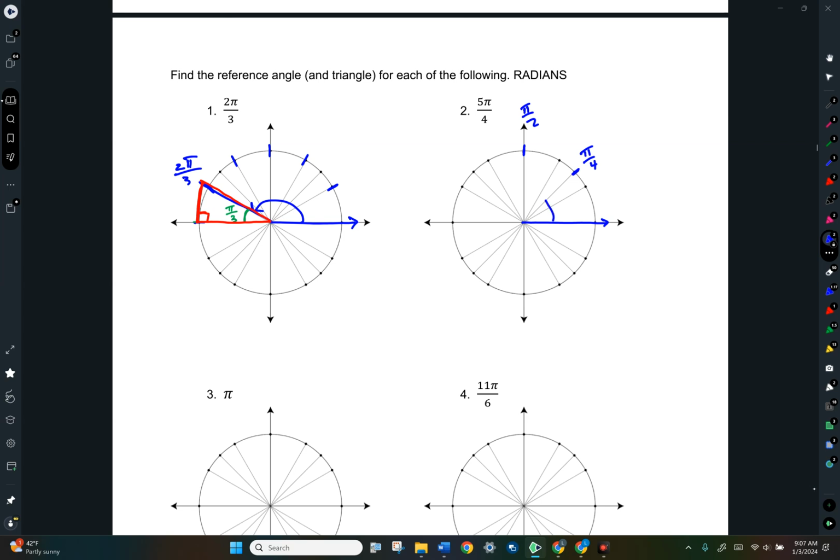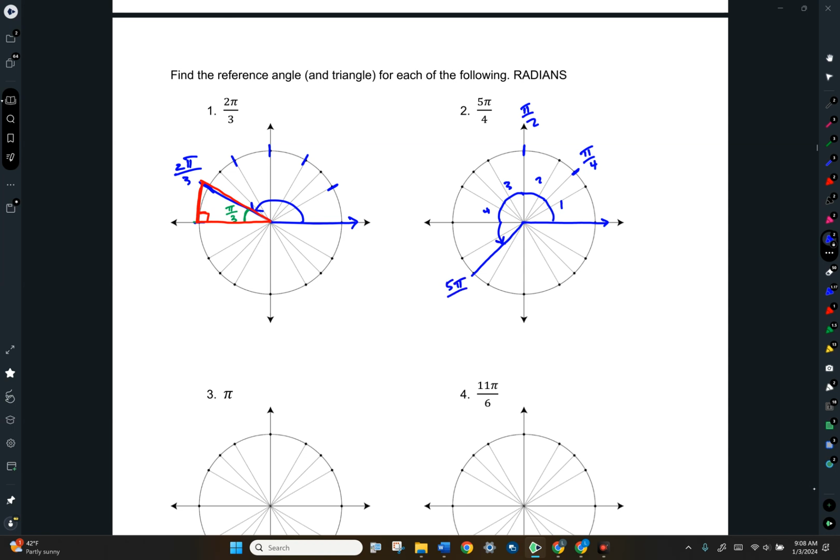So from here to here is a fourth, here's another fourth, so 1/4, 2/4. Here's 3/4, here's 4/4. So then 5/4 is going to land right in there. Just to give us some accuracy, it's going to be halfway between the pi and the 3 pi over 2.